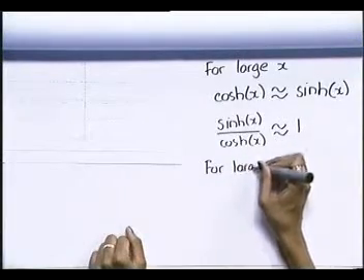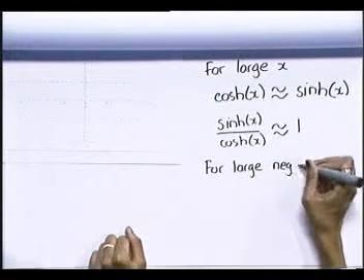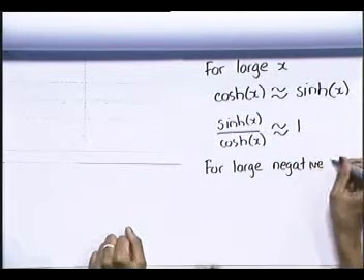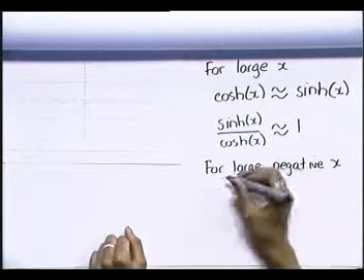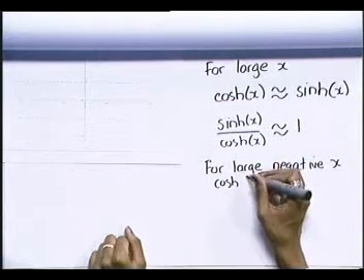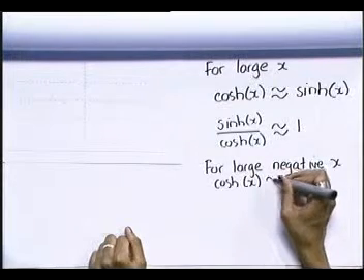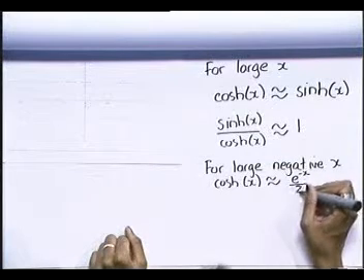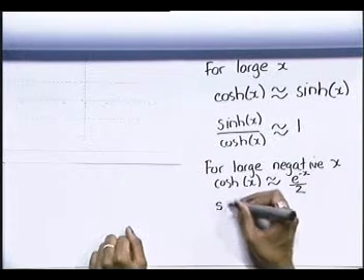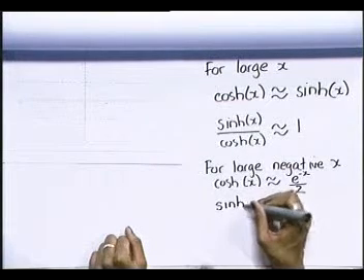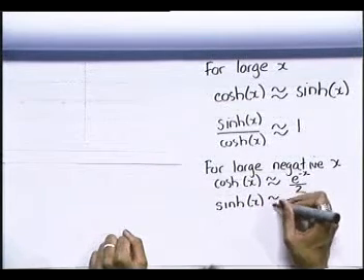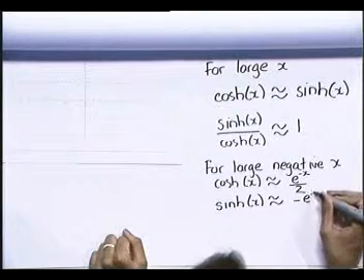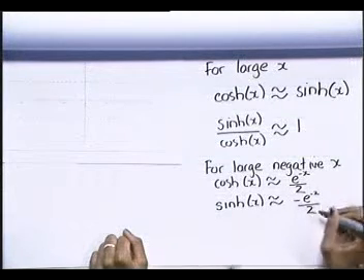Now for large negative x, we saw that cosh x was very close to e to the minus x over 2, and sinh x was very close to minus e to the minus x over 2.